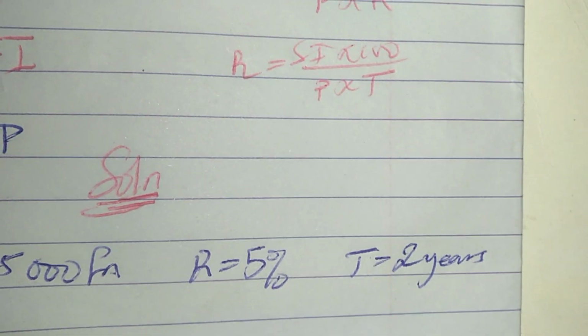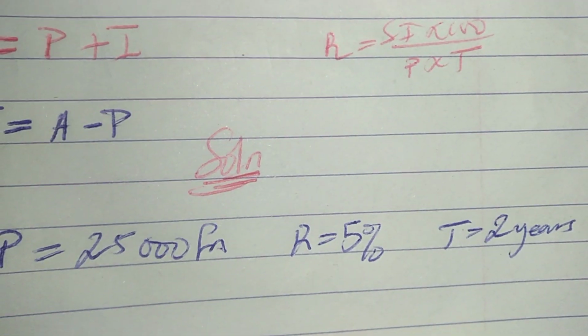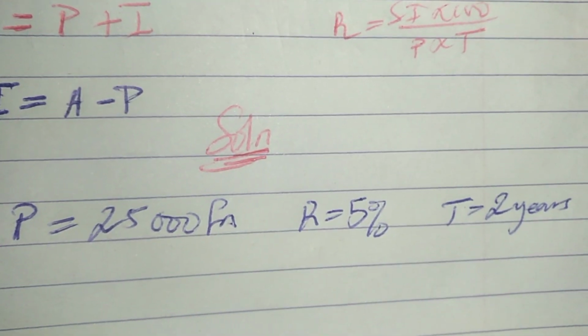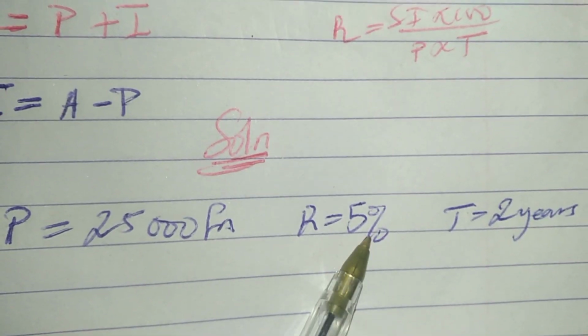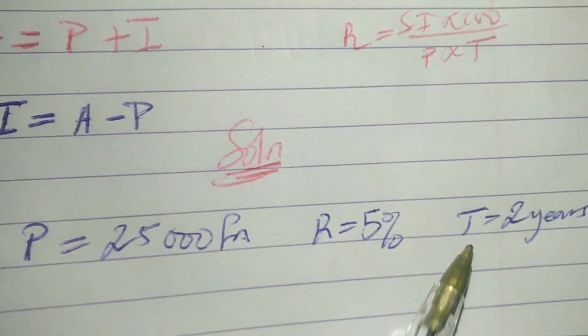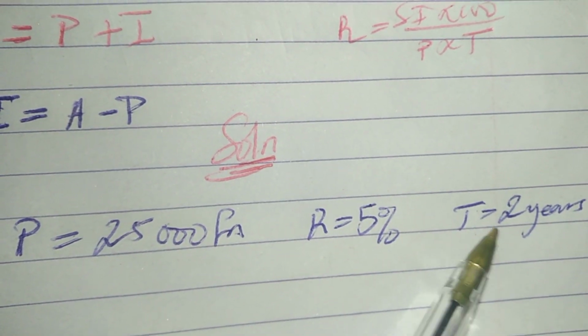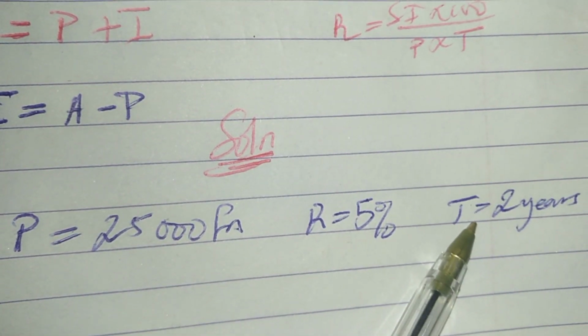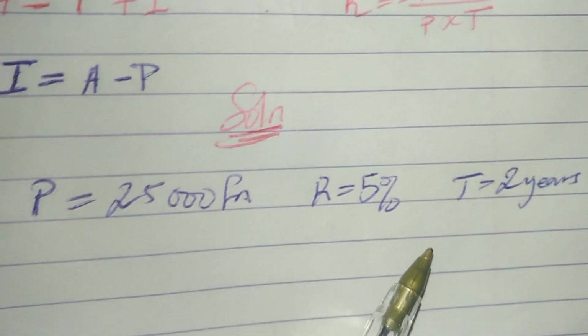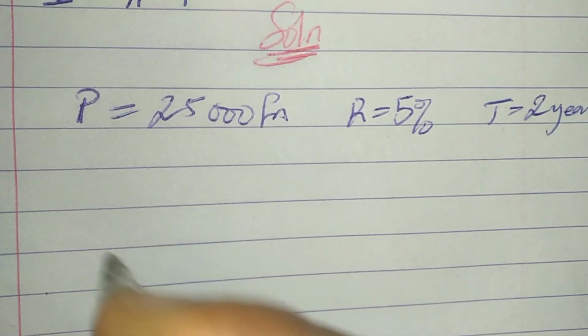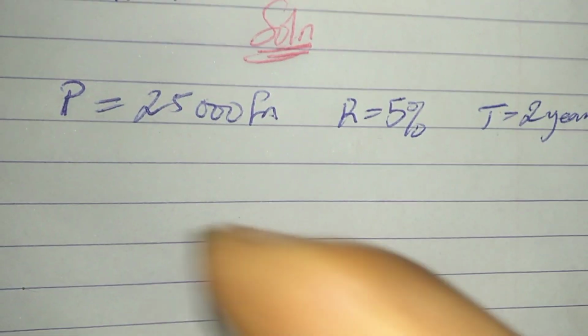Now, your time needs to always be in years, because the rate is per annum, which is per year. So you need to make sure that your time is in years. If your time is in months or in days, always convert it to years before you substitute into the simple interest equation.